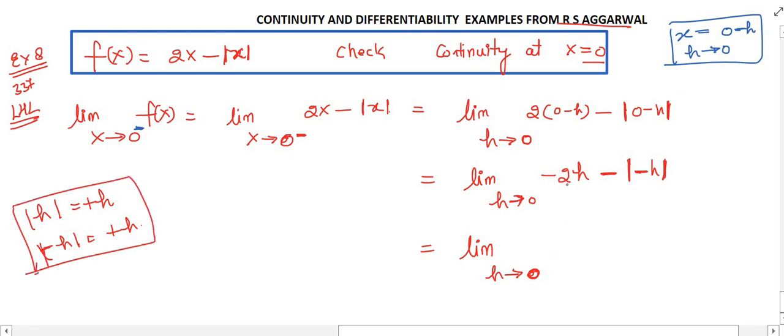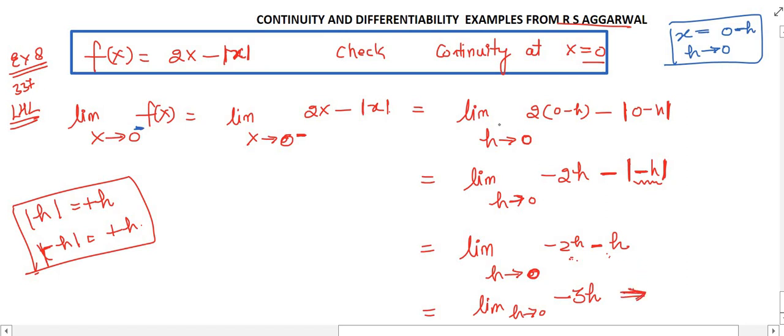So here we have minus of 2h, and this minus of h will come out as h only, correct? And what is this together? Minus 2h and minus h together is limit h tending to 0 of minus 3h, correct? Now we are ready to solve it.